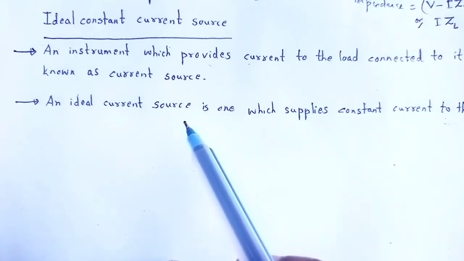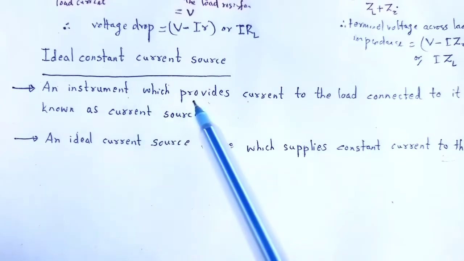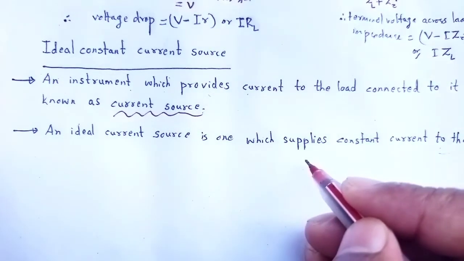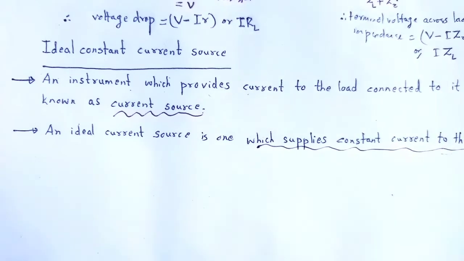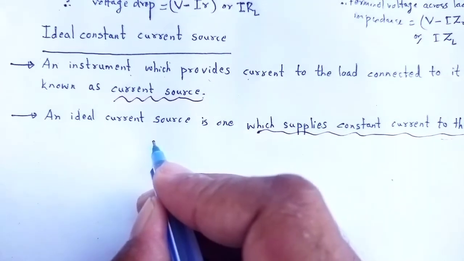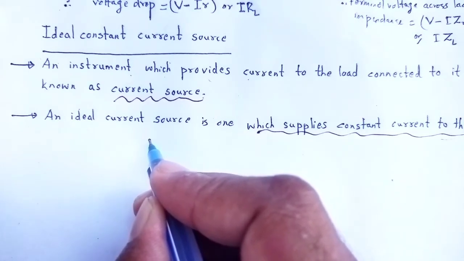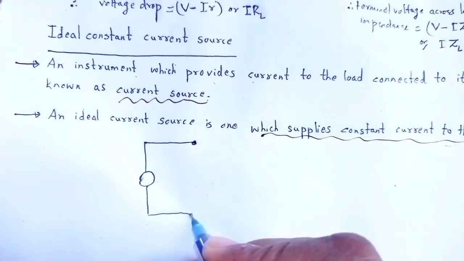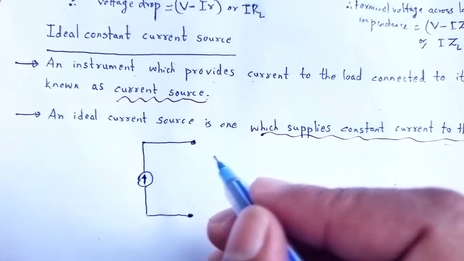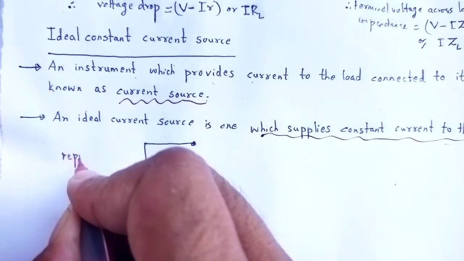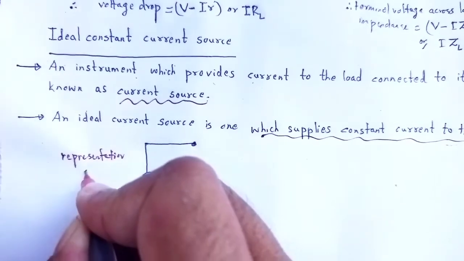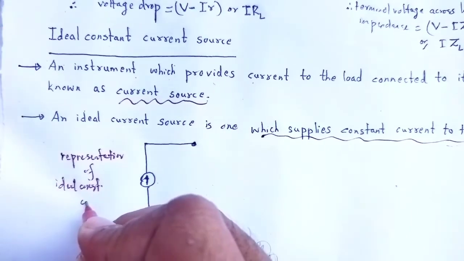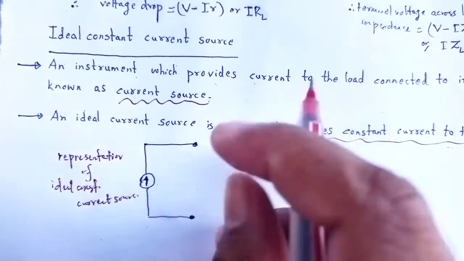The ideal current source is that which provides constant current to the load, and it is denoted by this representation of the ideal constant current source.